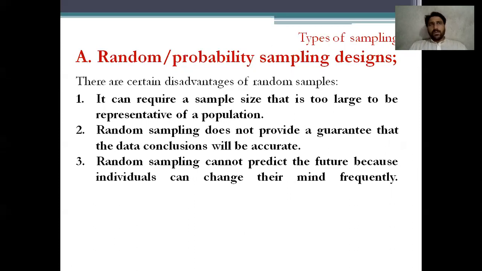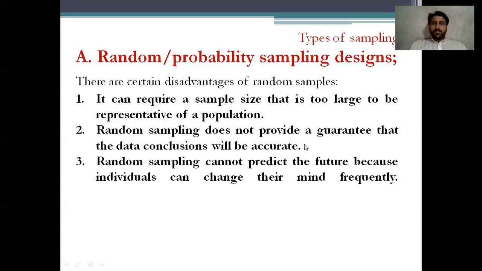Let's say you have 1,000 participants in the study, and since you have this easy method of selection, you just decide, okay, I will take just 50 samples out of 1,000. Ideally, since it's random sampling, the sample size should be comparatively higher. So it requires a bigger sample size to be included in a random sampling technique.